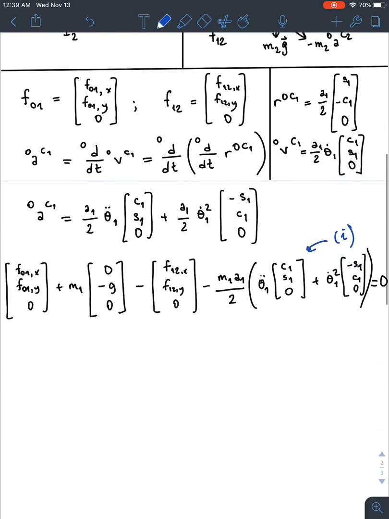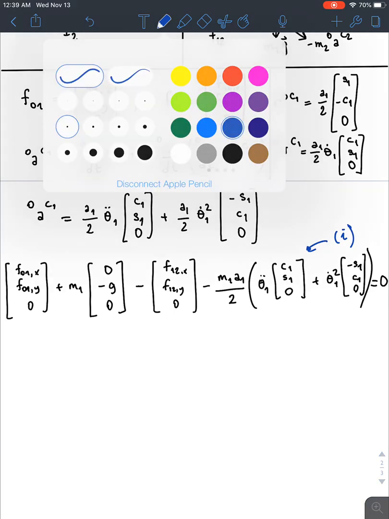I just wrote the vector that goes from O to C1. So the vector that goes from C1 to O is just the negative of that vector. So I need to go ahead and compute some stuff here.